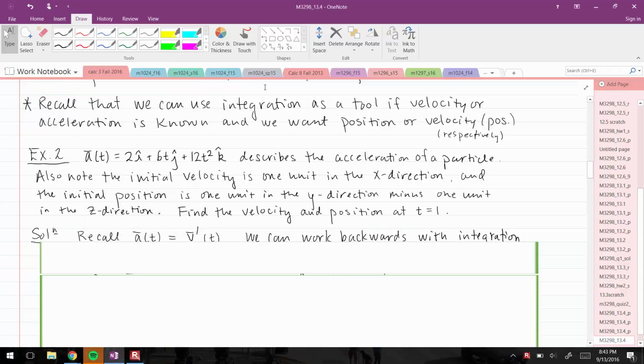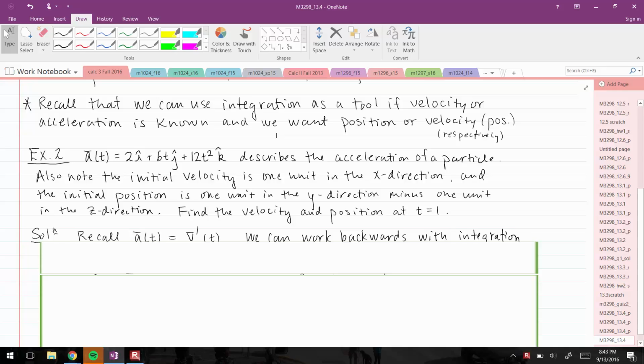We're in section 13.4. Before we go on to example 2, just recall that we can use integration as a tool to move backwards when we know a derivative and we want to go back to the original function. Specifically with velocity, if we wanted to find the position function and velocity was known, we could use integration to get back to position, because velocity is a derivative of position.